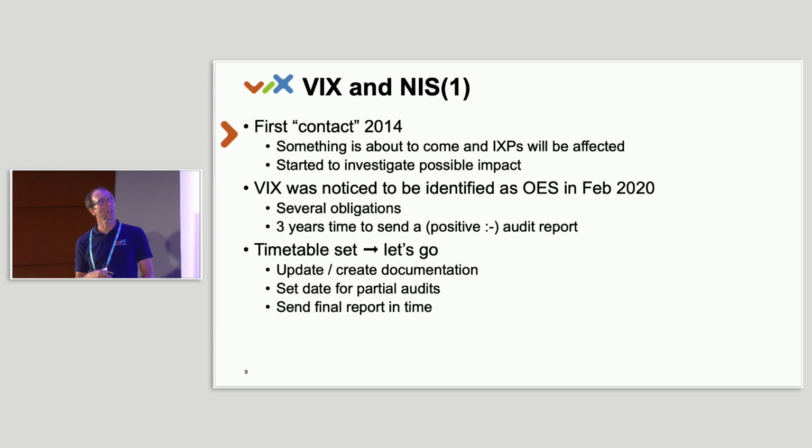There were some rumors starting in 2014 that there might come something and IXPs will be affected. So, okay, we started to investigate and see what could happen with us. And at the end, we got in February 2020 an official notice that we were identified as operator of essential services in Austria.